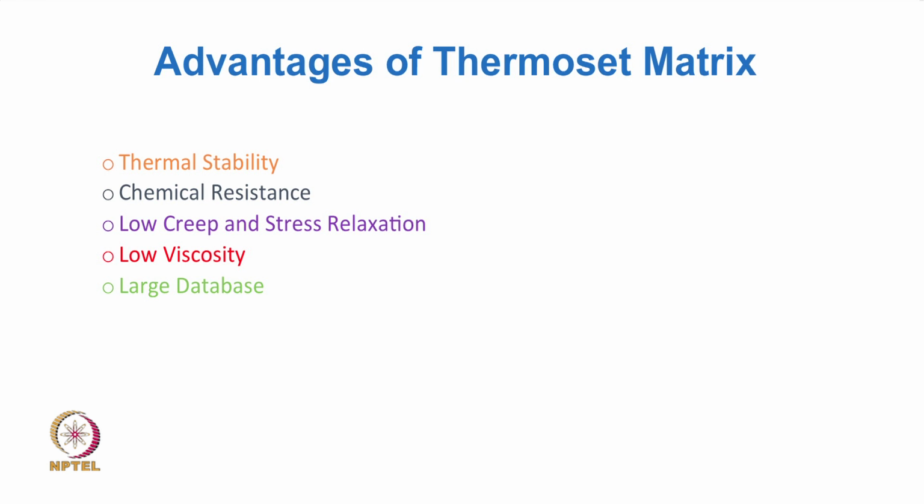Very low viscosity at lower temperature means it can penetrate through the reinforcing material very easily, and it is a very common material with fabricators because it does not need any special process. That is why thermoset is very popular in matrix manufacturing.